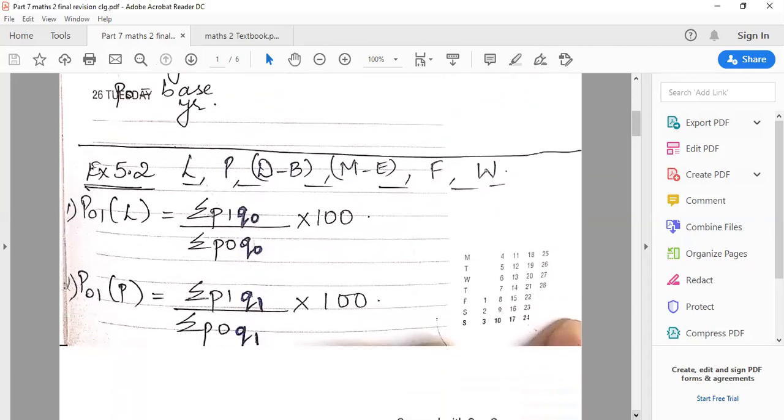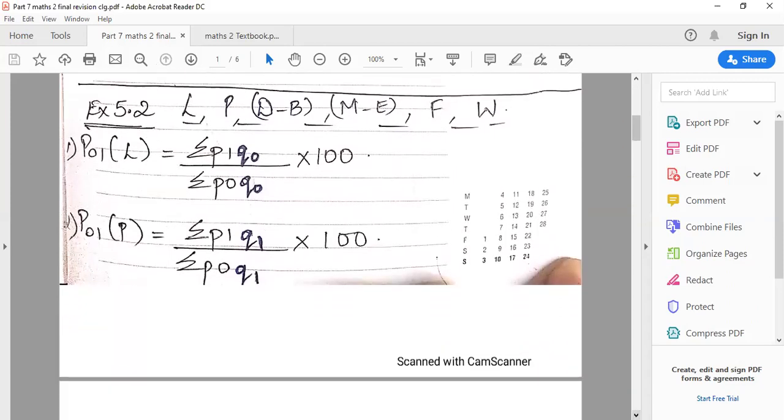Then we moved on to the second exercise, where we studied the names of 6 developers. It was called the weighted aggregative method, because W represents the quantity which is used in these formulas.